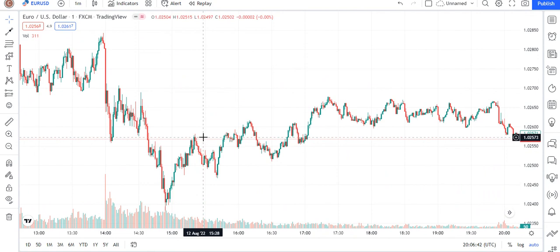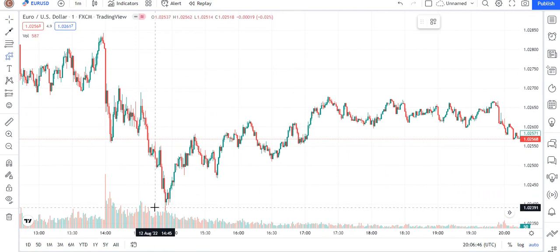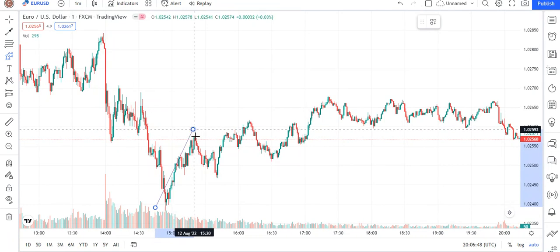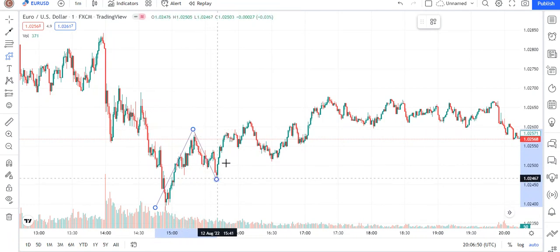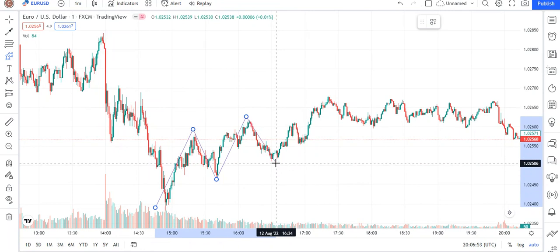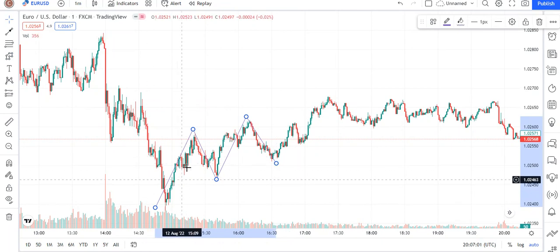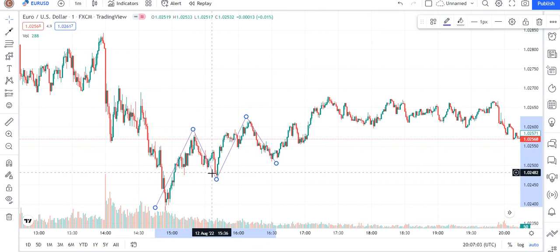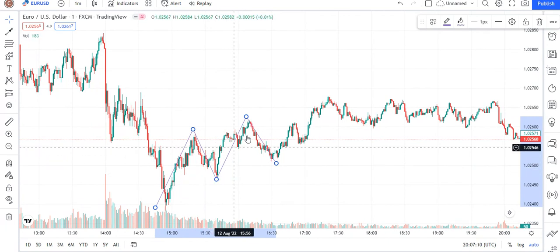We went up first, then we came down, then went up again, then we came down. The reason we need to know the range is so that we can know when the range is ending, so that we can start buying again. So if we buy here and the range starts coming down, we know that this range is about to end and a new range will soon form. So we want to take advantage of that new range that will form to make money.